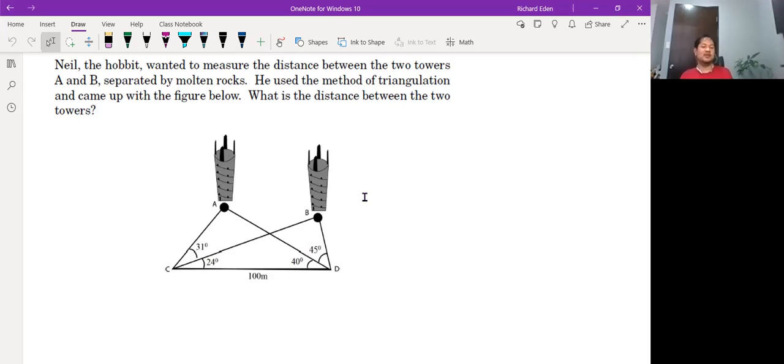But there are devices which allow you to measure angles from far away. So I think some surveyors do that. So you have those particular angular measurements. A literal Hobbit using lasers and triangulation. It's a mix of Middle Earth and sci-fi. So what's the distance between the two towers?